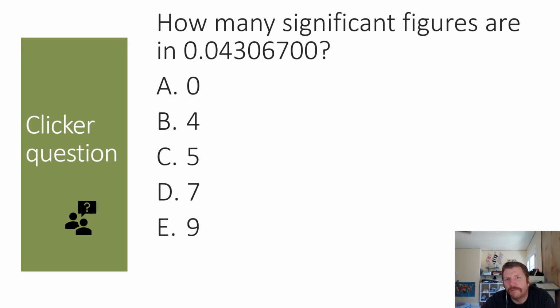How many significant figures are in this number? Well, let's see. That's not significant, but the rest are. So that's 2, 4, 6, 7. We've got 7 significant figures in this number right there.